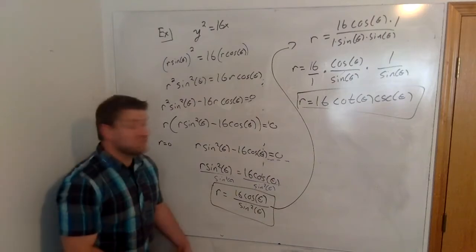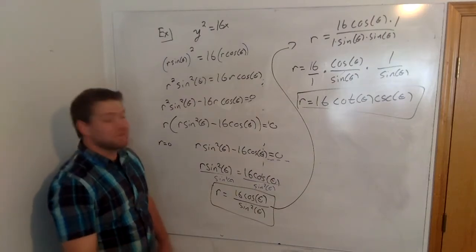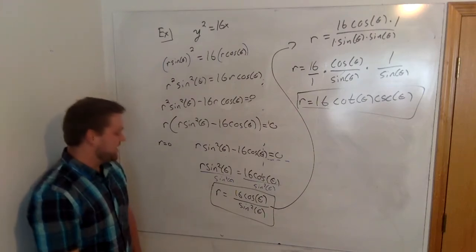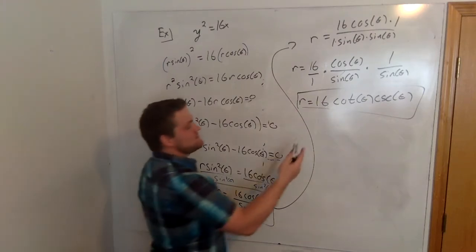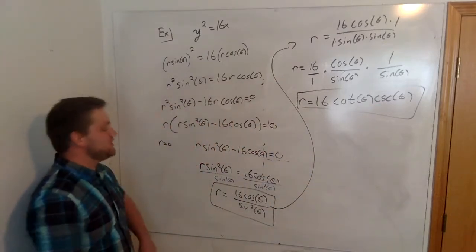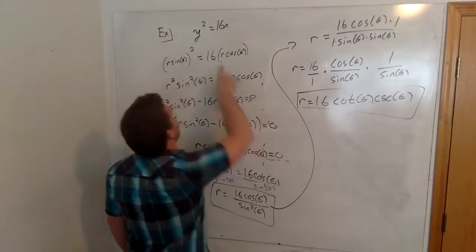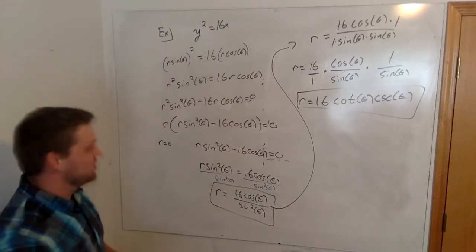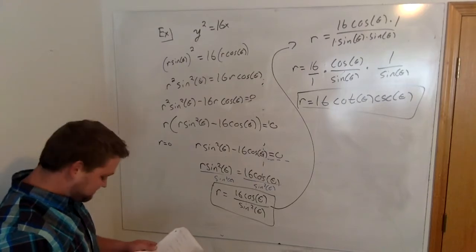Which of these versions looks better to you? That's up to the person doing the problem. I would say maybe this one just looks a little bit nicer to my eyes. But these would be equivalent representations for this sideways parabola. I've just now written it in polar coordinates.